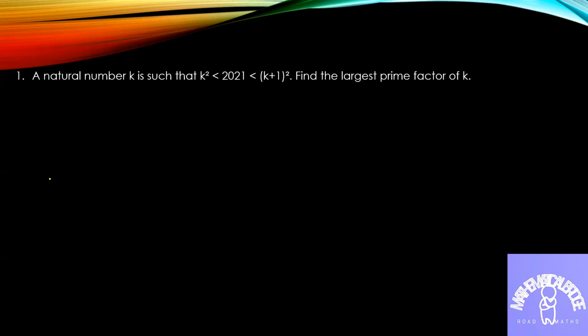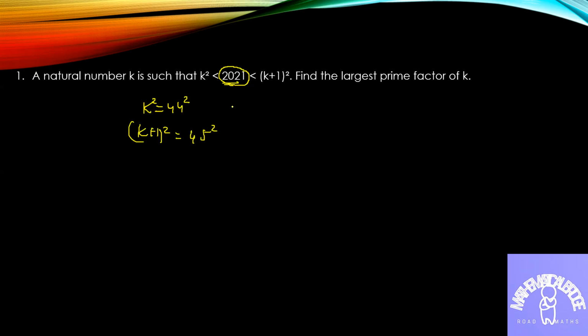So here we have to do it by hit and trial. Here we know that the number is a 4-digit number first of all, and it is near to 2021. So by hit and trial you can say k square is 44 square at max, and then (k plus 1) whole square is of course 45 square.